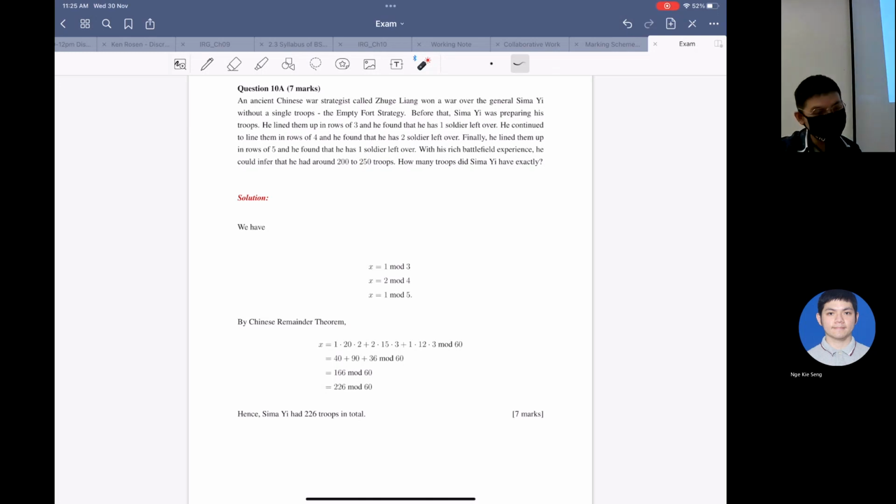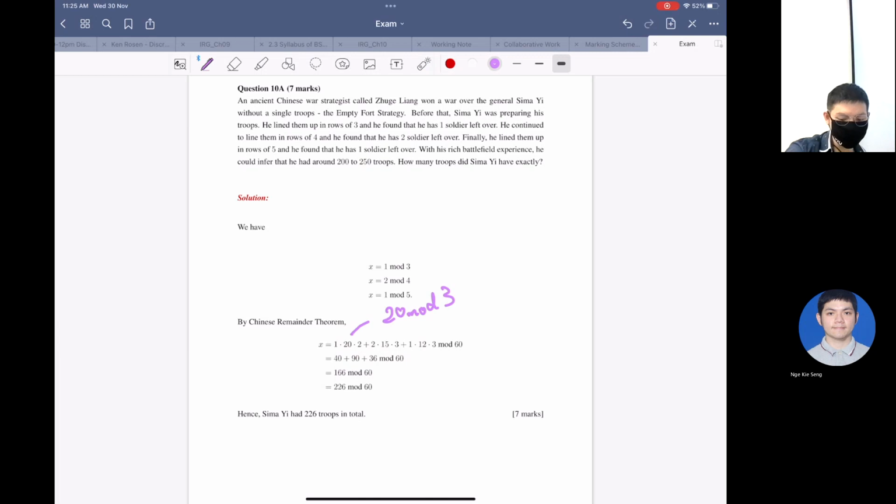Okay. So Chinese remainder theorem, how to use? You find the M, capital M, and then a lot of mistakes were in finding the M bar. You thought M bar is just, like, 20 mod 3, which is not. This is the inverse of 20 mod 3.